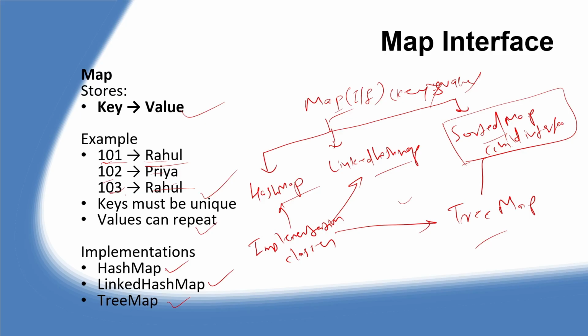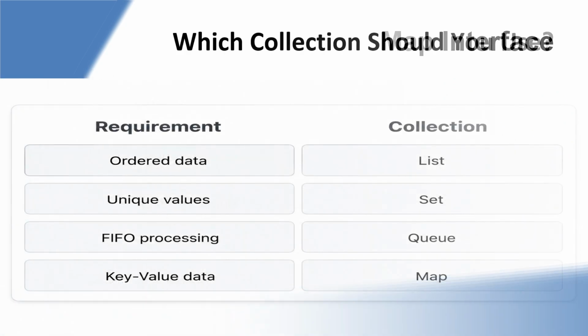Before choosing the correct collection, we should know the properties of each of them so that we can select the appropriate collection based on our business requirement. So which collection should we use? Different situations require different collections.